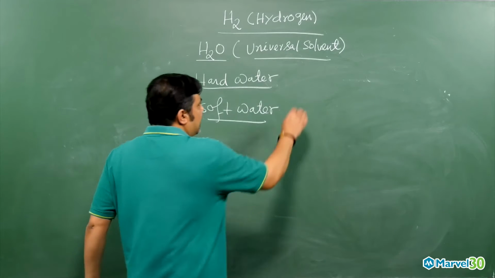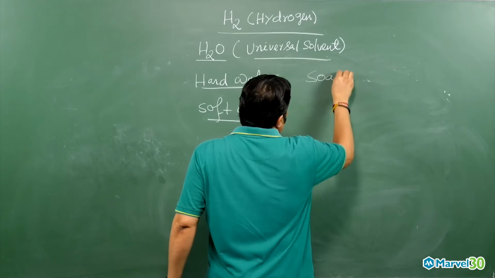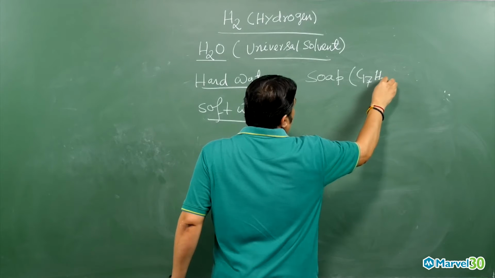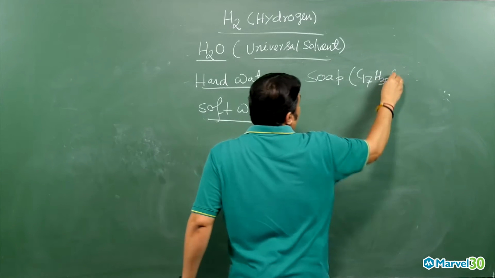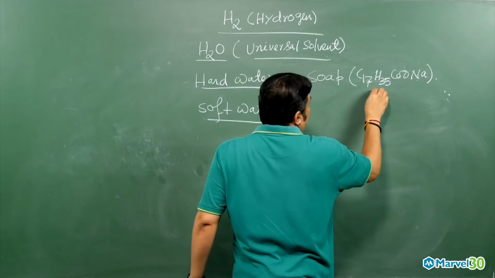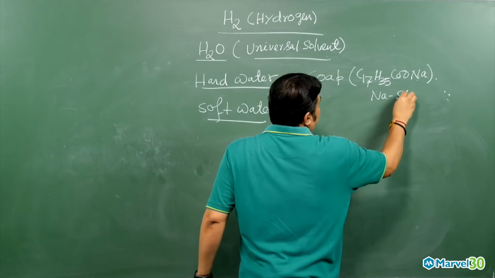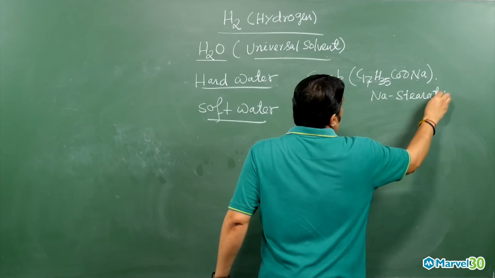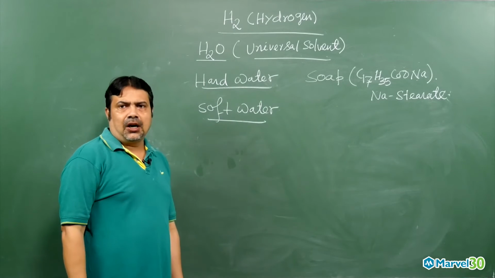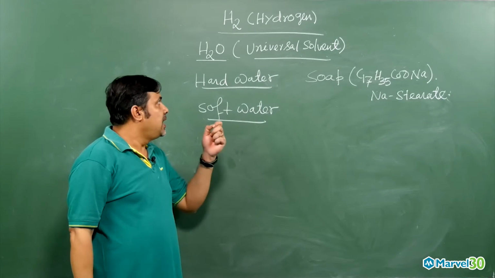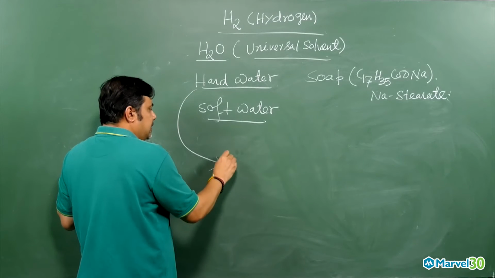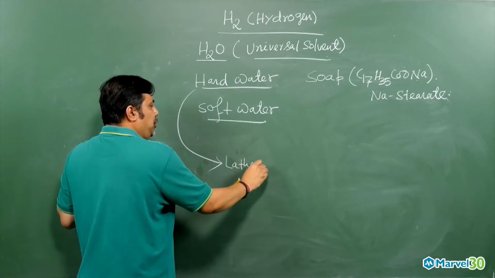The soap is a sodium or potassium stearate, the sodium or potassium salt of stearic acid or palmitic acid. This is soap. And hard water means the lather will not be produced easily.